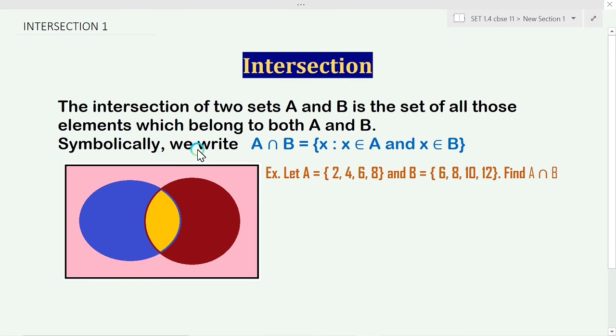Now we're talking about intersection. So what is intersection?